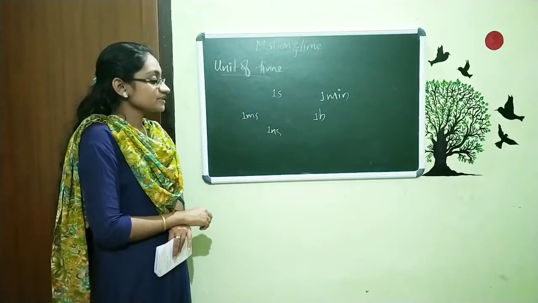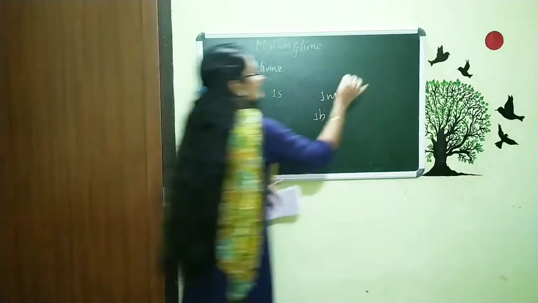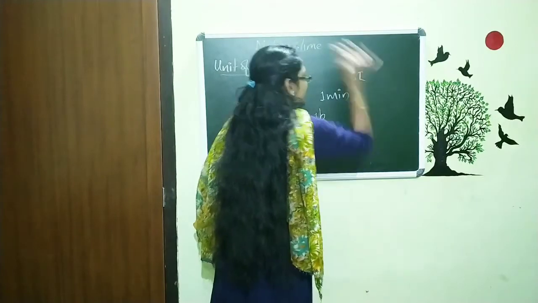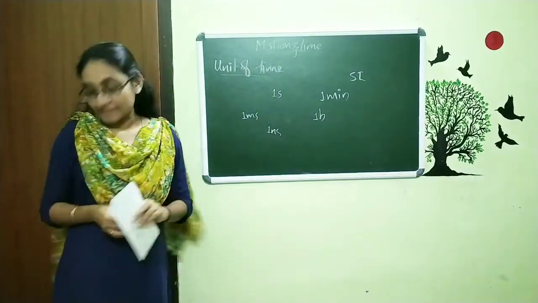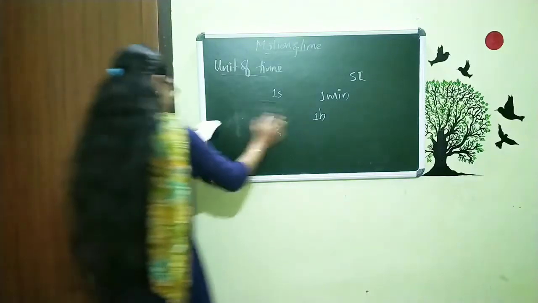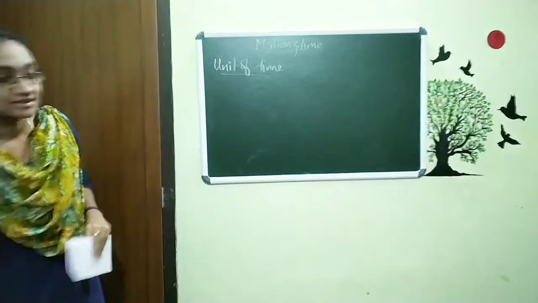Now my first question is, what is the standard unit? We call it the SI unit, the standard unit. So which is the SI unit of time? The SI unit of time is second. That means the basic unit is second.